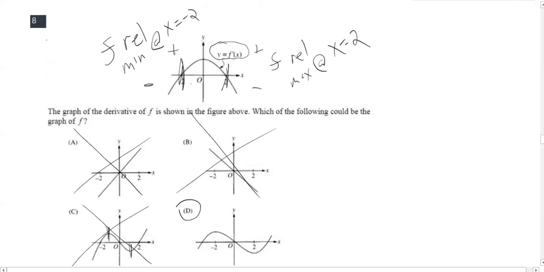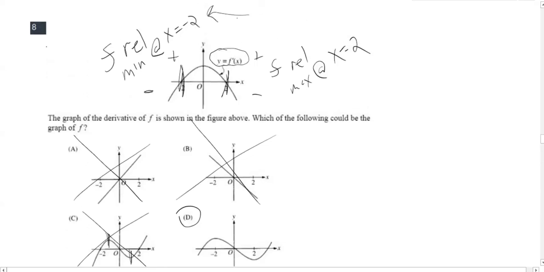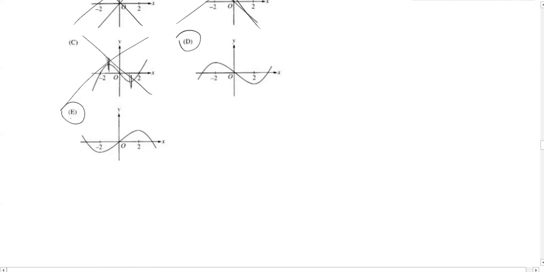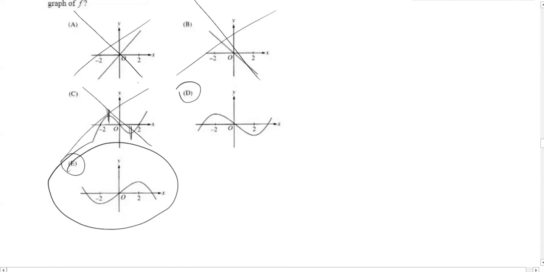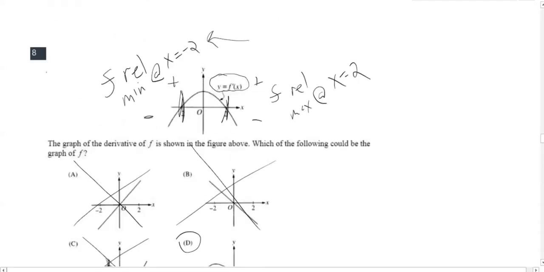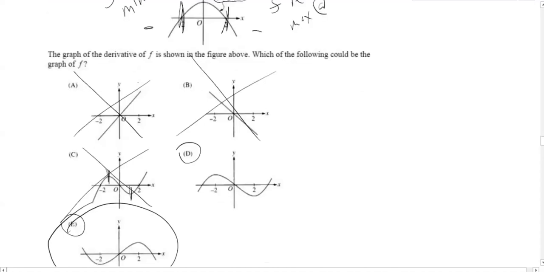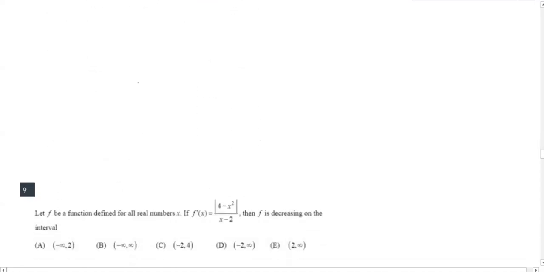But what did we say? We said at x equals negative 2, you're going to have a relative min. So it's this one. Also, it lines up with the concavity. We said before x equals 0, the graph's going to be concave up, and then it's going to switch to concave down after x equals 0. So this 8th one is choice E.